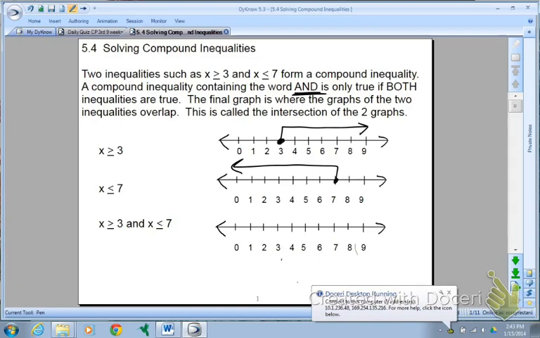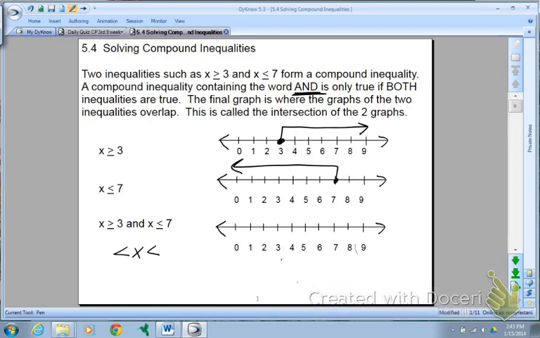Now, when we have two inequalities formed by the word and, we write what is called a combined inequality, where we put x in the middle, with less than signs on both sides, and in this case, because it's an equal sign, we'll put less than or equal signs. The smaller number goes on the left and the larger number on the right.